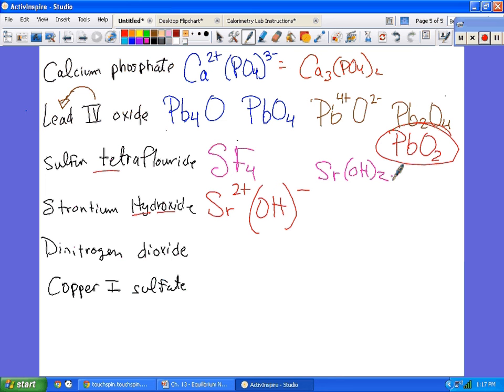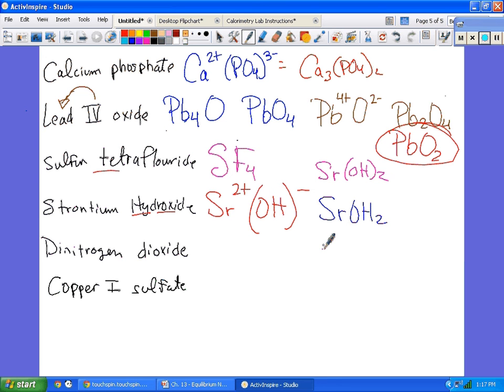This is wrong. What was I going to write, Kaylin? You're going to write Sr, parentheses, OH2. No. I've just written that. I meant, yes. That's what you, yeah, right. I said that. Why is that incorrect?